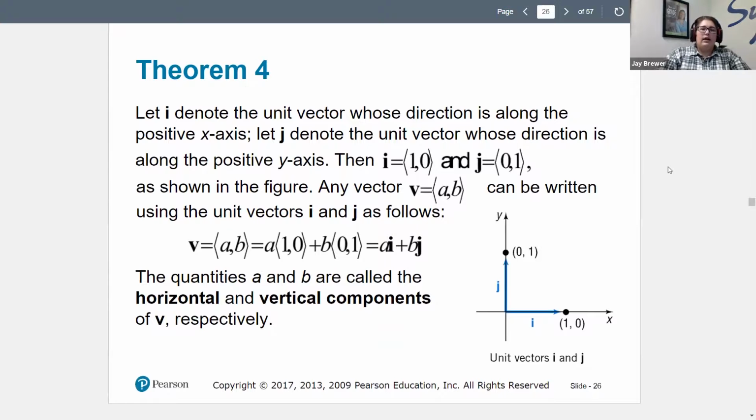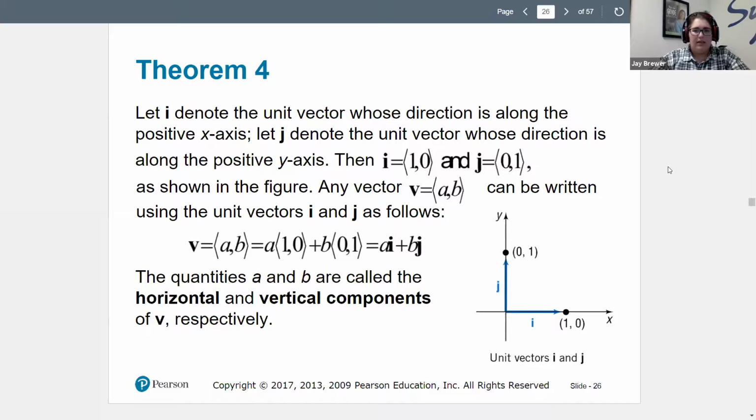Theorem 4. Let i denote the unit vector whose direction is along the positive x-axis. Let j denote the unit vector whose direction is along the y-axis. Then i is equal to 1, 0, and j is equal to 0, 1, as shown in the figure.